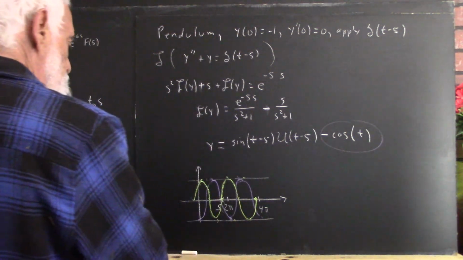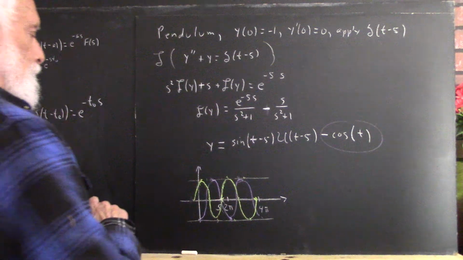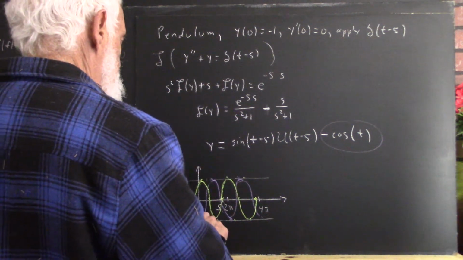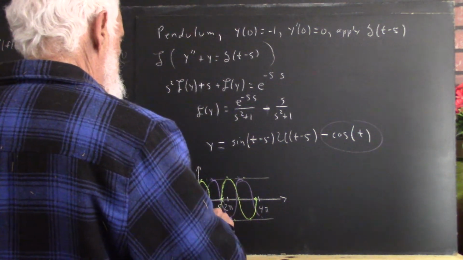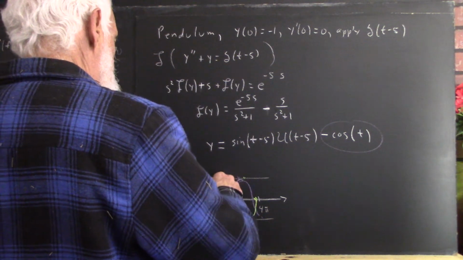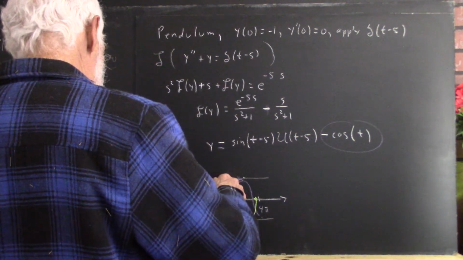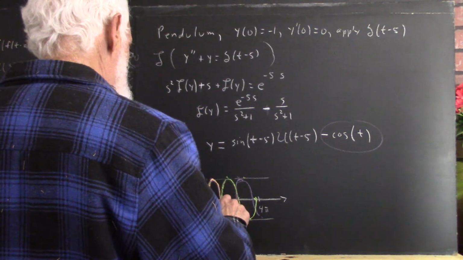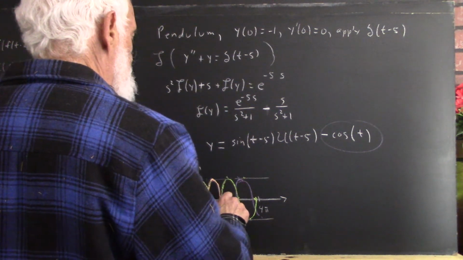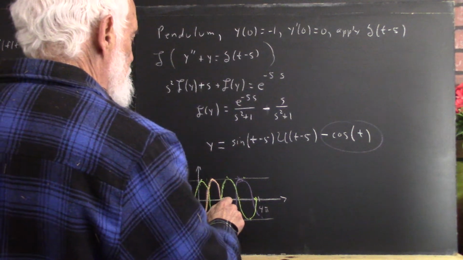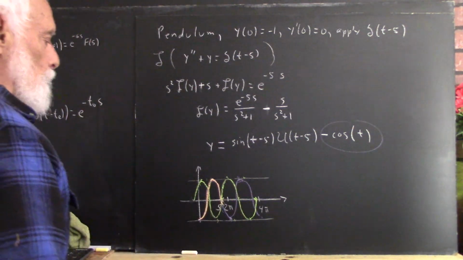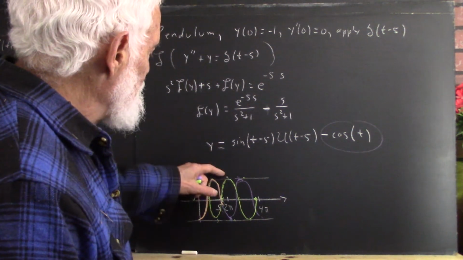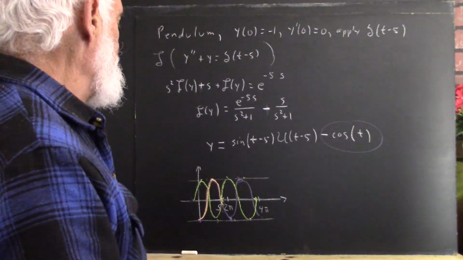Well, what you're going to end up with is a graph that first of all traces the graph of the cosine all the way up to this point, and then we hit it. And what happens? This is up when this is down.